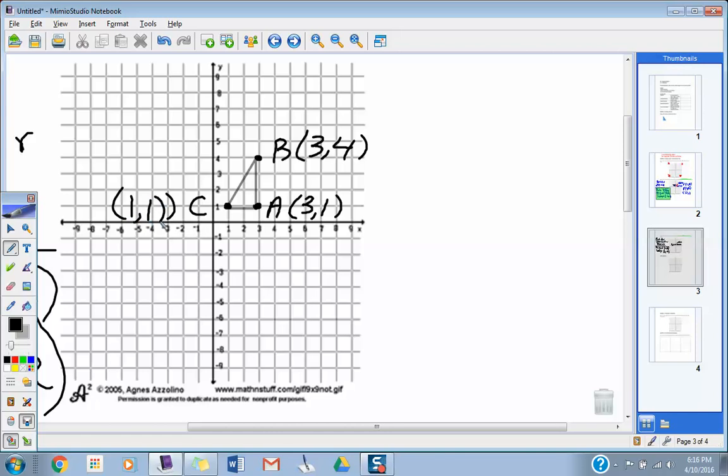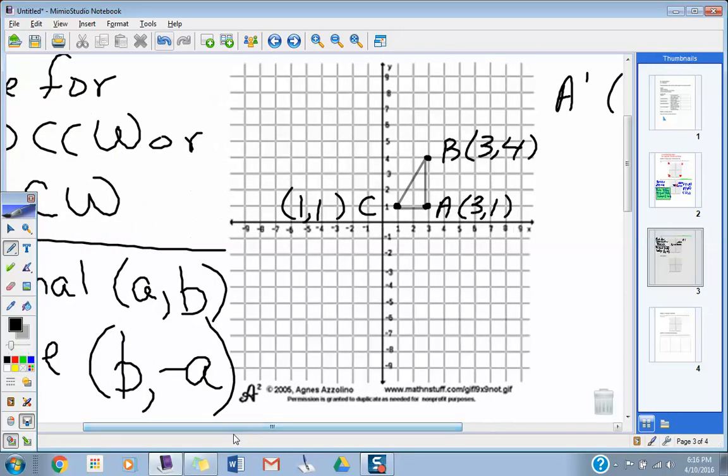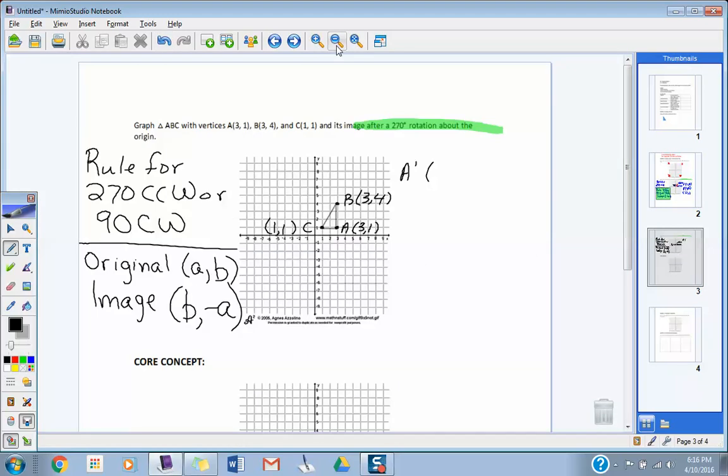So I'm going to go over here and write down what our image points would be. So A prime is going to become the following. Looks like we have to switch the order on A and B, and then make sure we switch the sign with A. So right up here for A, if I switch the order, that would become 1 comma 3, but that second value, the sign needs to change, so A prime will fall at 1 comma negative 3.